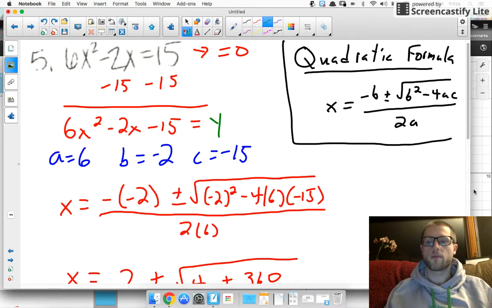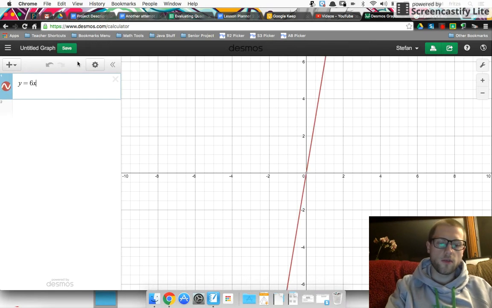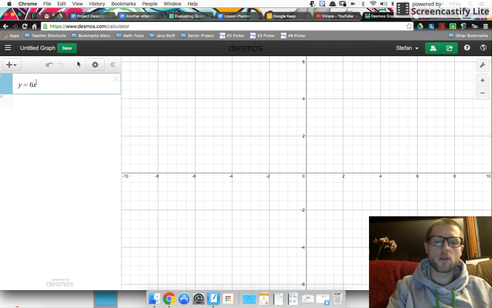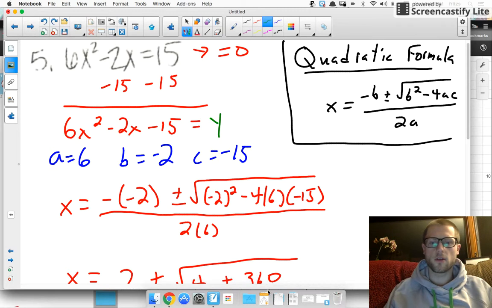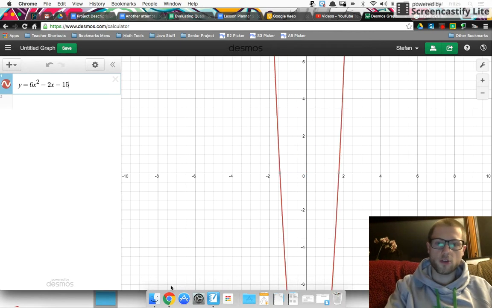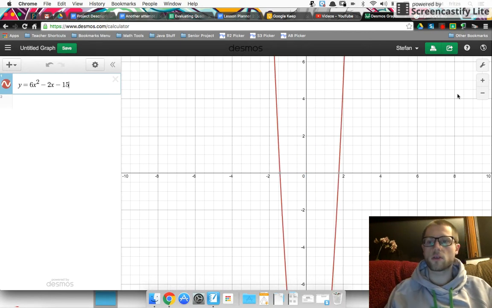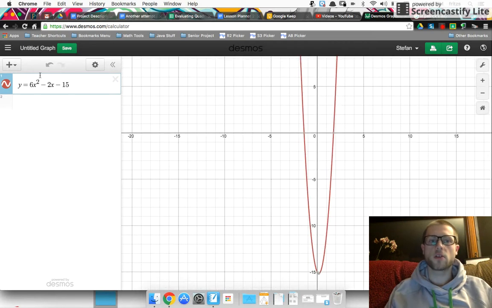So over here, I've got y equals 6x squared, and I'm already forgetting, is it 5x? 2x. Minus 2x minus 15. And sure enough, here is my parabola. We can zoom out, check that this thing actually is a parabola. It's concave up, it's narrower than the parent function, all those good things.